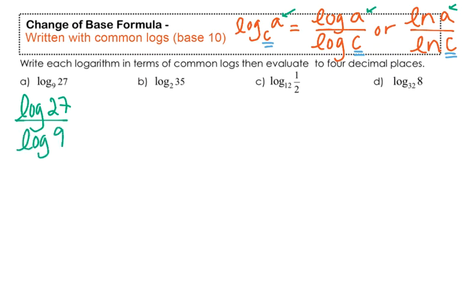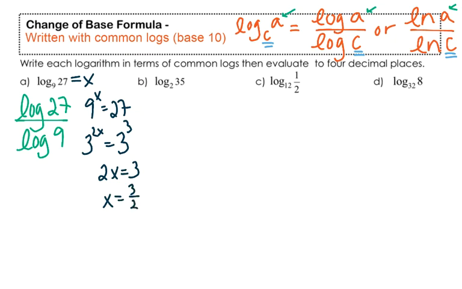Now, maybe you are realizing that you could have just done work on this one. You could have set this equal to x, and done 9 to the x power is 27. So then 3 squared, there's an x up there, equals 3 cubed. So 2x is equal to 3, so x equals 3/2 or 1.5.